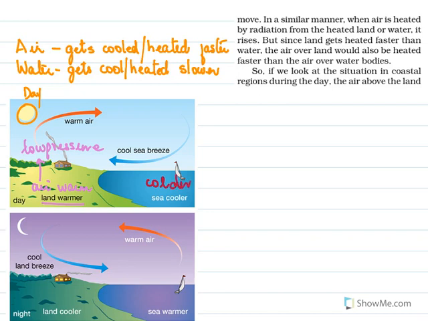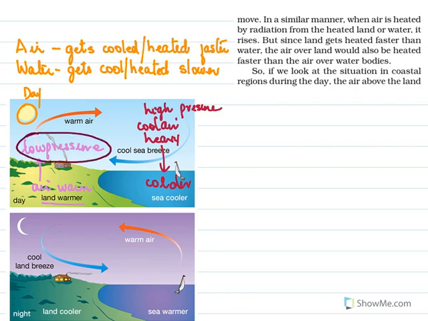And because it is colder, it's heavy. The cool air is heavy, and being heavy, it settles down. So there is high pressure here. Now the air will rush from this high pressure to the low pressure. Here it rushes this way. And these are called the sea breezes.